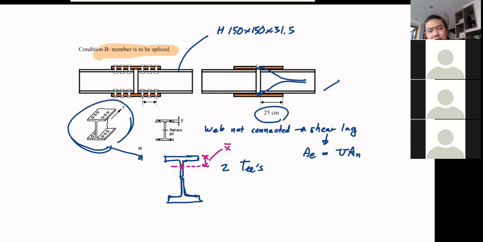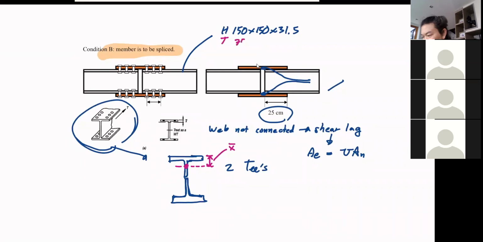Now I may have told you already, or I may have not, but I'm going to tell you again right now that the T is made from cutting this H into two pieces equally. So when you want the information of the T, that T should be cut from this section. So it's going to be T. The first number is the depth, right? So when you cut it in half, it becomes 75 because it is cut. The second one is the width. Now it's not cut in that direction, so it maintains the same number here.